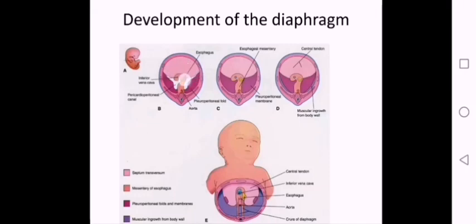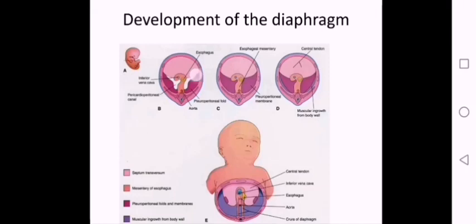This semicircular shelf separates the heart cranially from the liver caudally.